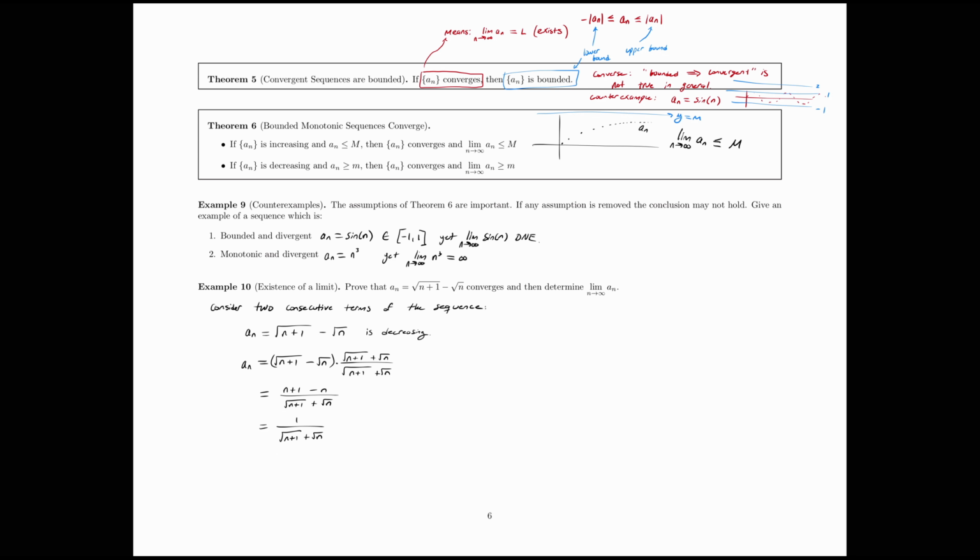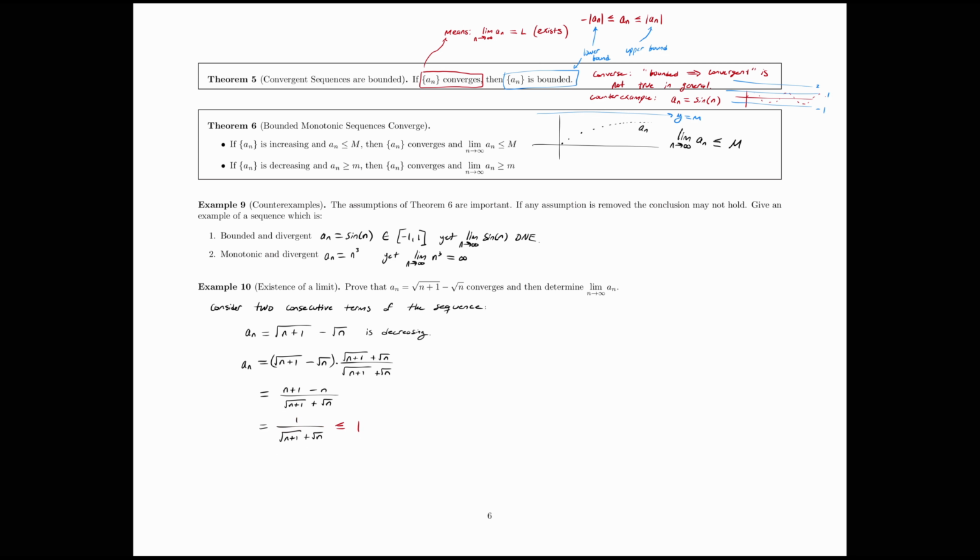Another thing that this method does show us is that clearly this sequence is bounded above by the number 1. Because if I start with the number 1 and then divide it by some positive number, the result is always necessarily less than or equal to 1.